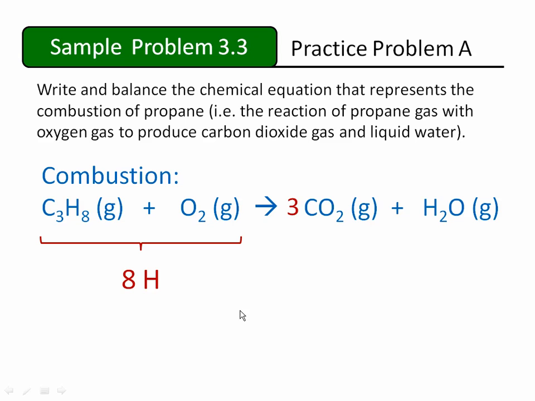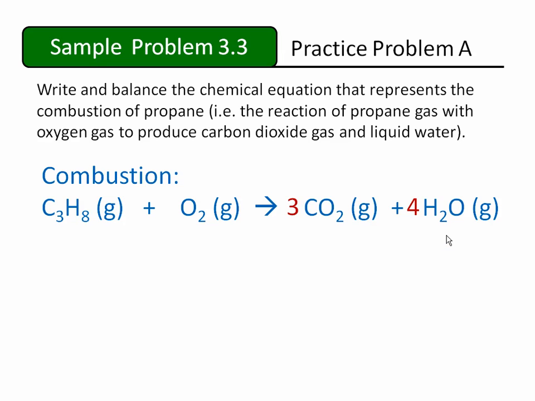On the reactant side, I see 8 hydrogen atoms total. On the product side, in the H2O, we find a total of 2 hydrogen atoms. In order to make these two values equivalent, we'll need to multiply the water by 4, or place a coefficient of 4 in front of the water molecules. And then with this change, both the carbon and the hydrogen atoms are balanced.